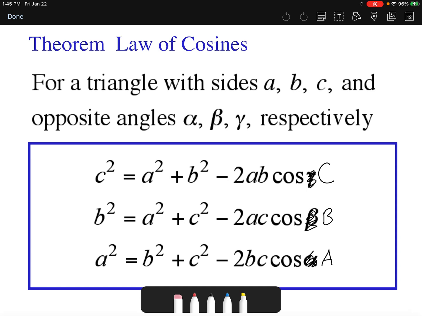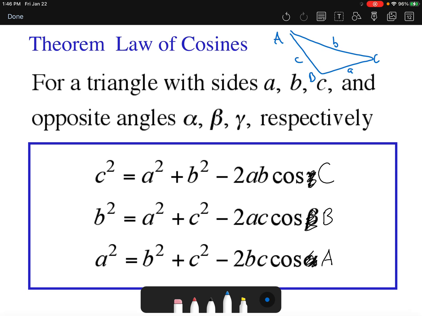So if we have a triangle with angles A, B, and C, and sides then opposite those, something like this, then the following is true. Let's take C for example.